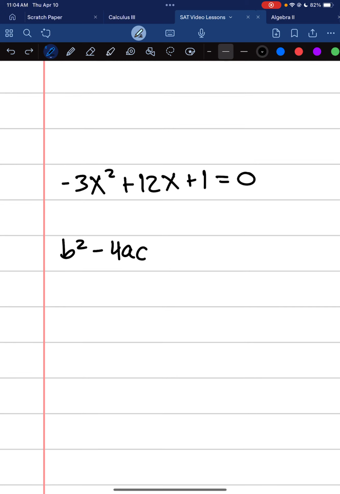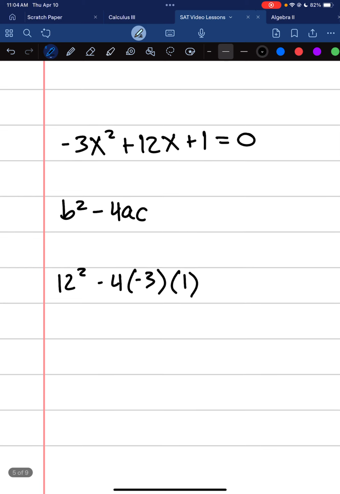So my b value is 12, so I'm going to have 12 squared minus 4 times a, which is negative 3, times c, which is 1. Now if I simplify this, I end up with 144 plus 12, because these two negatives are going to cancel out. And 144 plus 12 is 156. We can see that that number is positive, so we're going to have two real solutions.